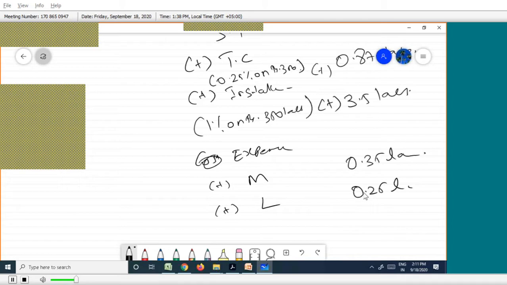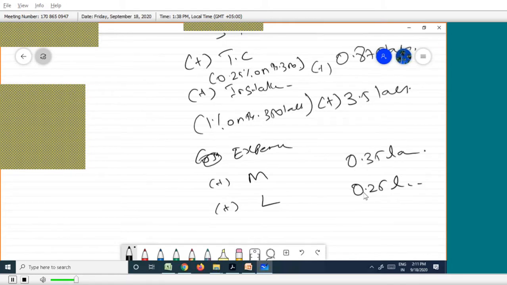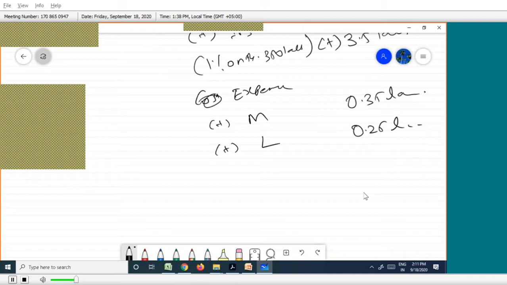Then overheads, how much? 0.15 lakhs, that is 15,000. So I have to add all this expenditure to the cost of the asset. Understood? What is the final step? Interest is the final step.